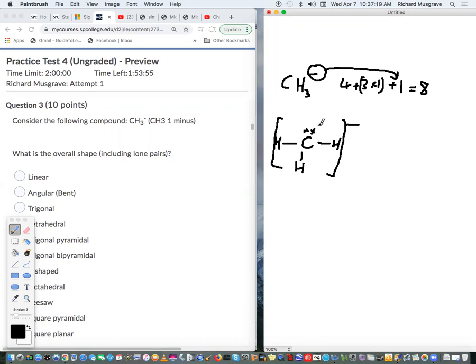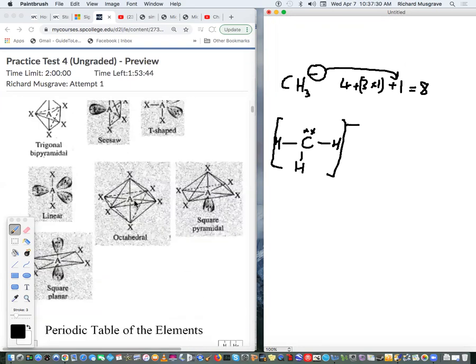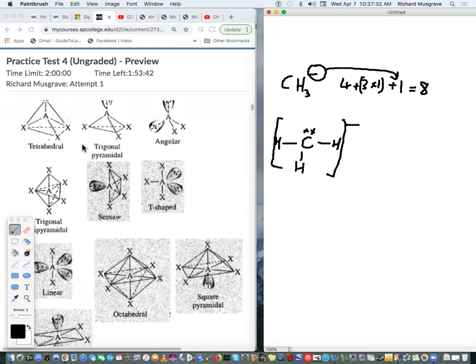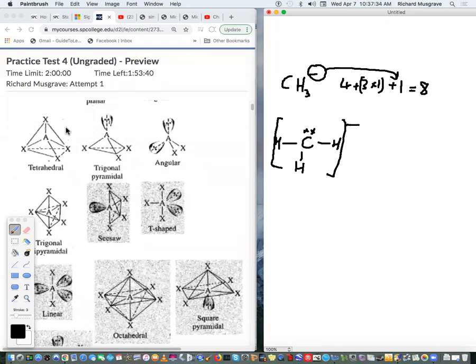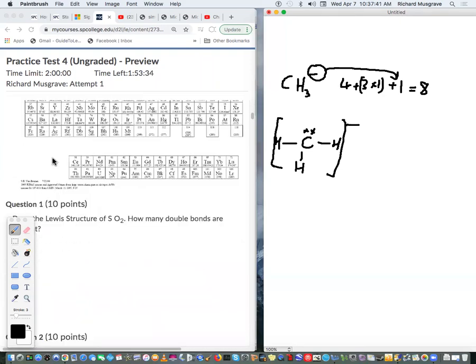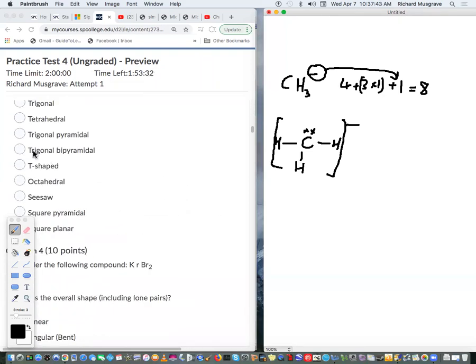So when we look at it, we're looking for the overall shape, which includes the lone pairs. And you'll see there's 1, 2, 3, 4 total groups. I just like to look at the one that's got all the atoms, just sort of pretend the lone pair is an atom to get the overall. And the overall would be tetrahedral. So that would be the answer there.